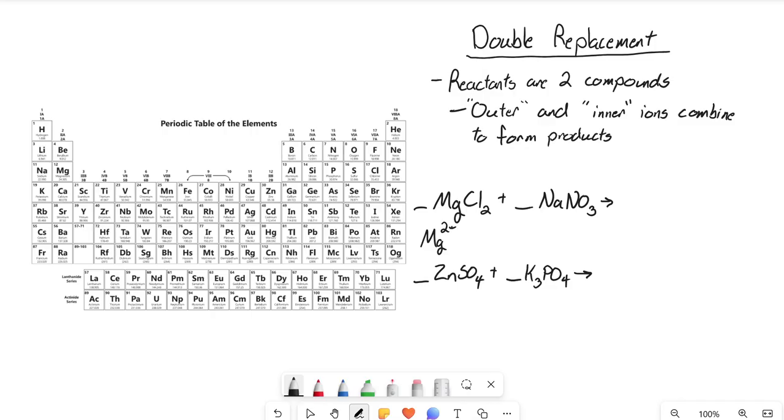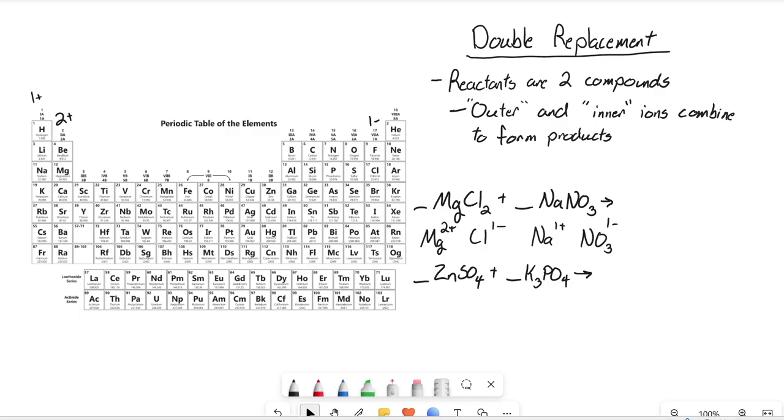Magnesium with its 2 plus, according to what is shown on the periodic table. Chlorine with its 1 minus charge. Sodium with its 1 plus. And while nitrate is not found on the periodic table, it is on our polyatomic ion list, and it carries a 1 minus charge.